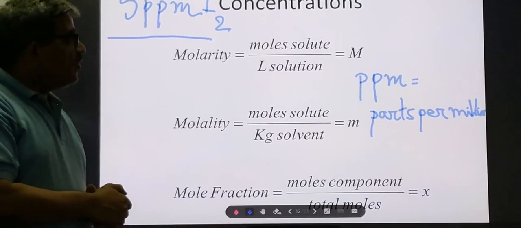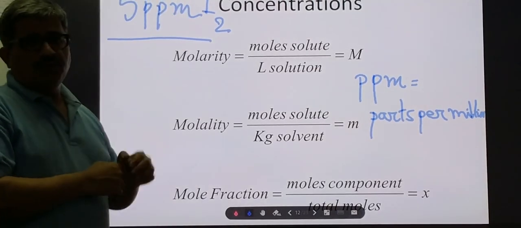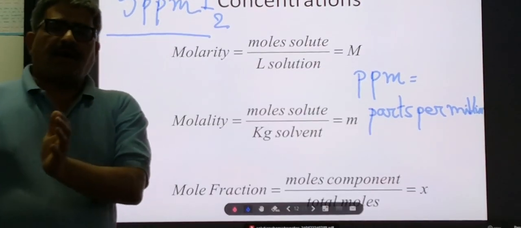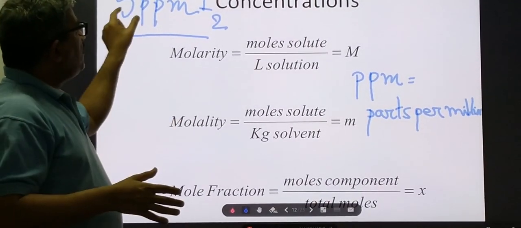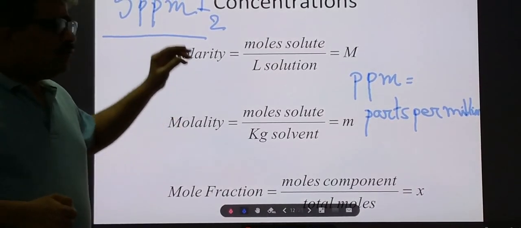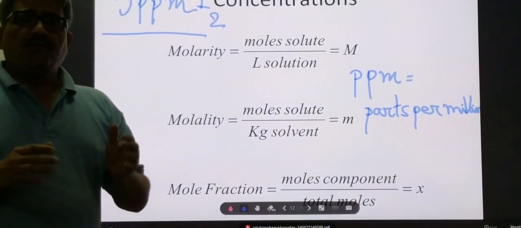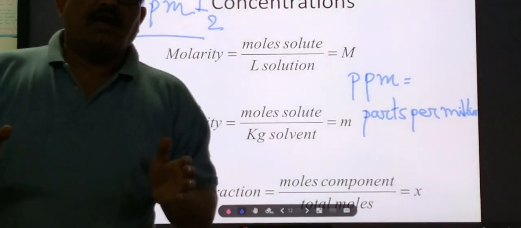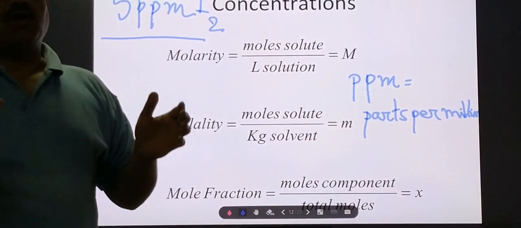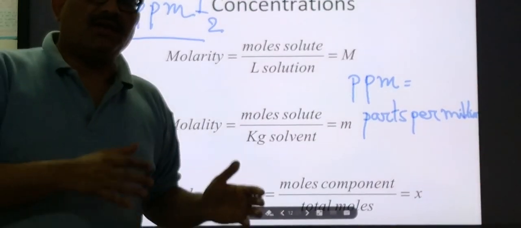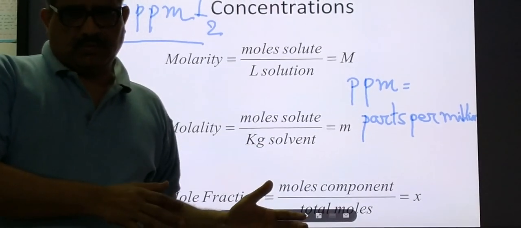Do you understand? 5 ppm I2 means in 1 million particles of NaCl, we have 5 particles of I2. When do we use this parts per million? We use it when the concentration is very low.